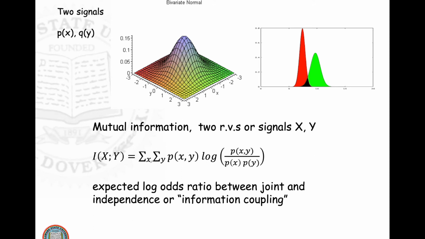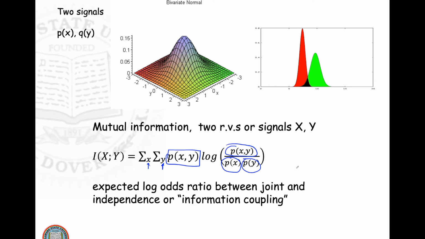And so again, we have our double summation for all instantiations of value x for random variable big X and value y for random variable big Y. We're going to weight by our joint probability, p of x, y, and we're going to take the log of the following expression. Now here in the numerator, we have the joint distribution, p of x, y, and in the denominator, we have the product of the marginals, p of x times p of y.